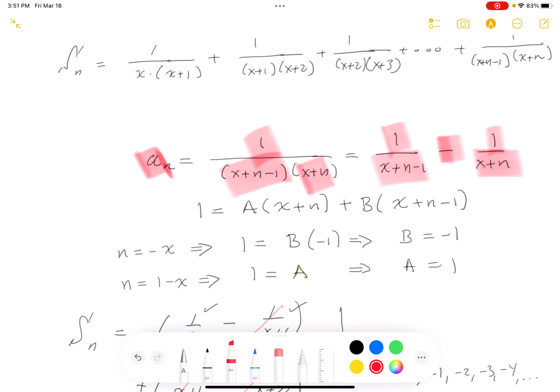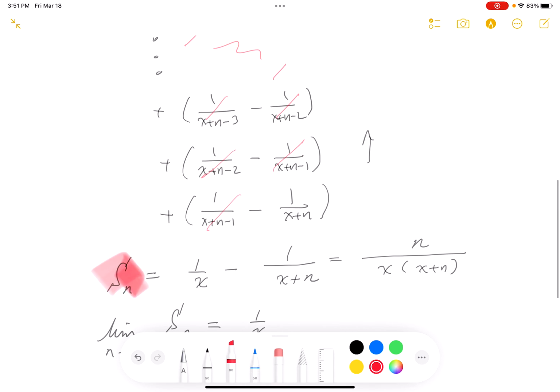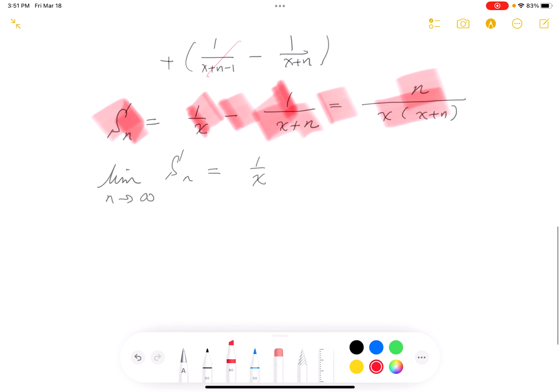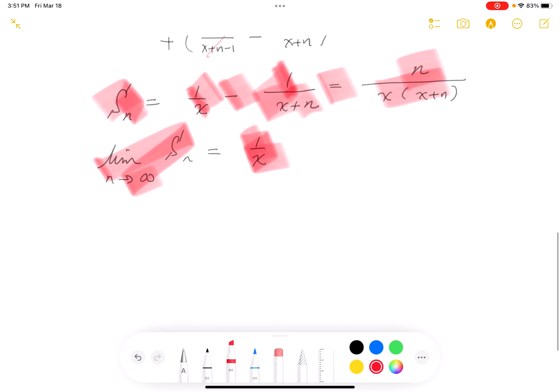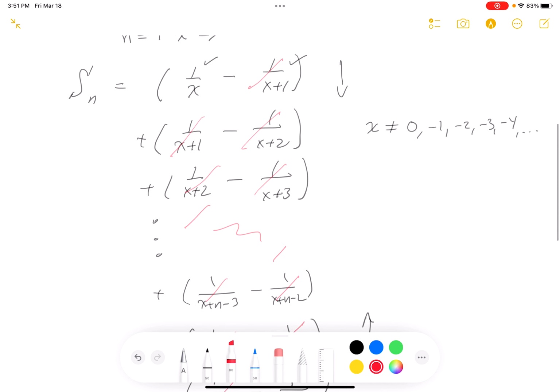Was I able to write Sn down? This is Sn, 1 over x minus 1 over x plus n. I got that, and a simplified version of it. Was I able to take the limit? Yes, I was. It's right over here. Was I able to specify what x's are not allowed? It's all x's except these. All right? We're doing okay. Thank you.